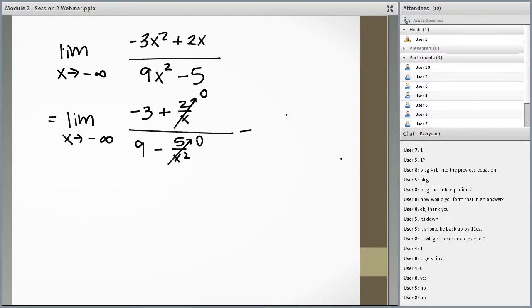So we still end up with the same thing. So the reason again that I chose the denominator is by me dividing out the x squared, I'm ensuring that whatever that coefficient was in the denominator, in this case a 9, it's going to stay there, which means that we won't end up with a 0 in the denominator.